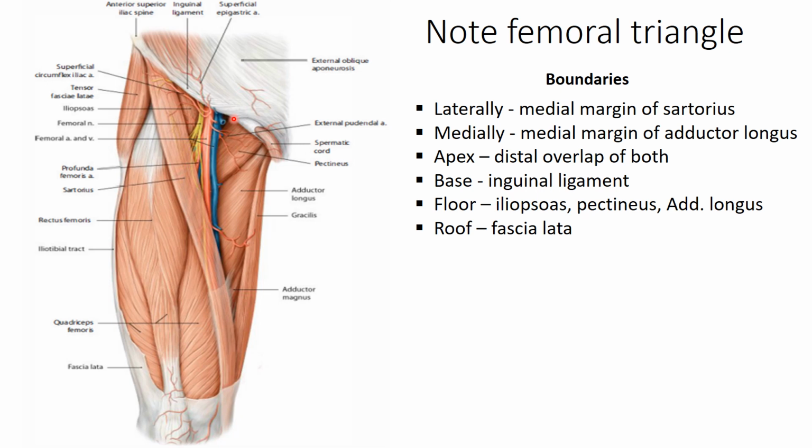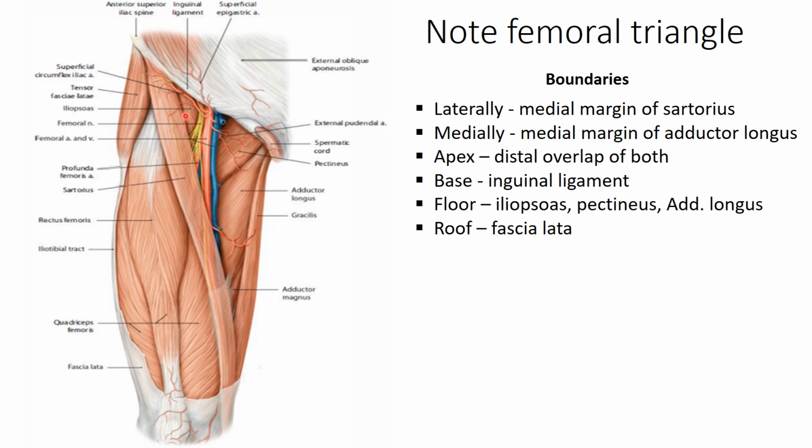The floor is formed by the muscles which pass underneath the inguinal ligament, and from lateral to medial these are iliacus, psoas major, pectineus and adductor longus. Beneath the adductor longus is also the adductor brevis, but the floor is formed by the iliopsoas, the combined tendon of the iliacus and the psoas major, pectineus and adductor longus.